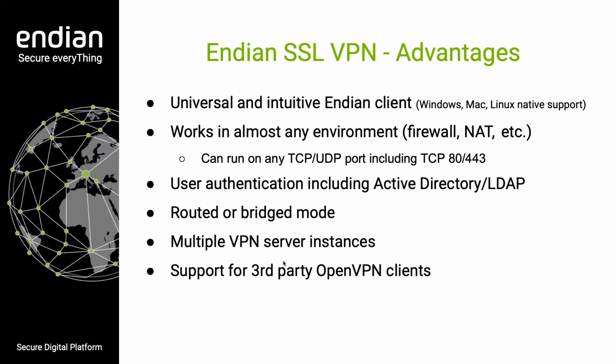In addition, on the enterprise product as well, we have support for user authentication, so you can tie into an existing Active Directory or LDAP server that you might have, and users can then log into the SSL VPN server using those credentials from Active Directory or LDAP that they would normally use in the office.